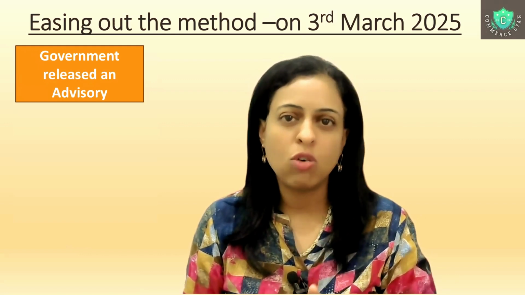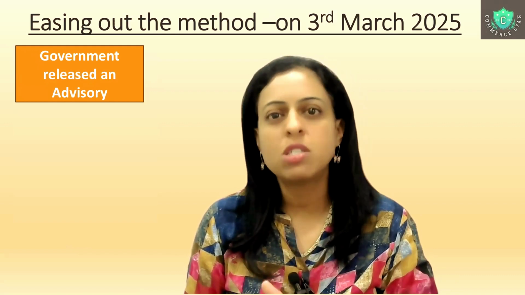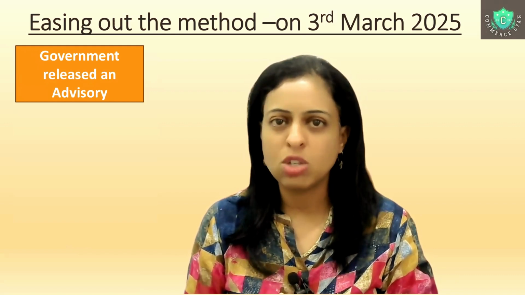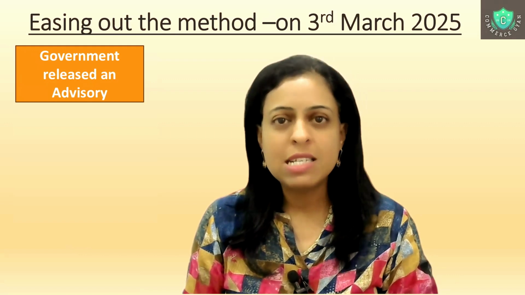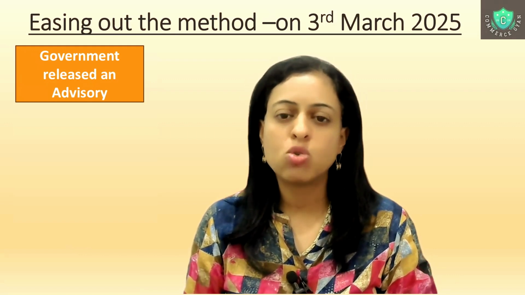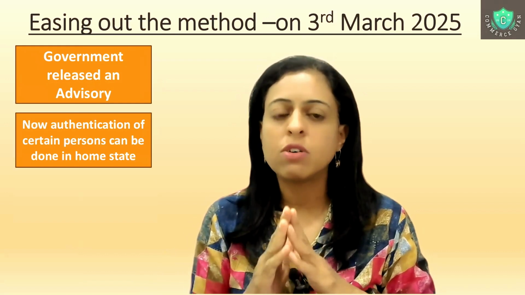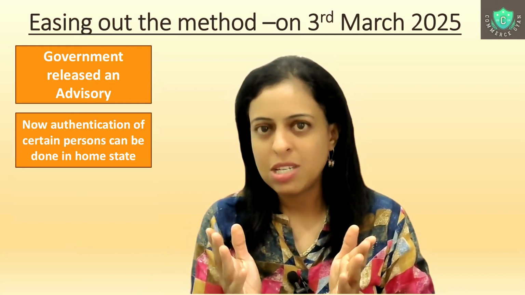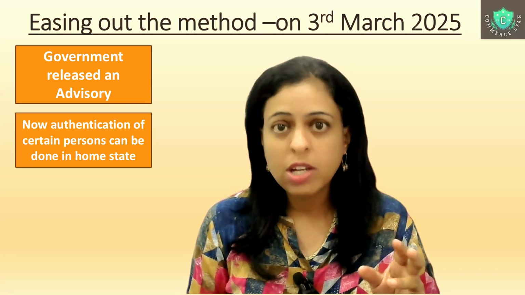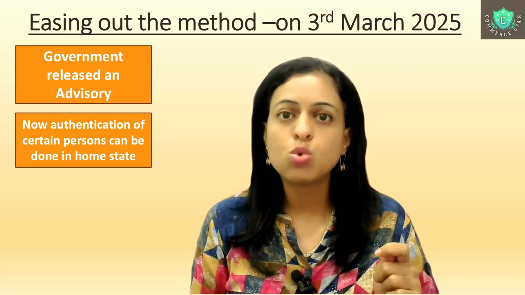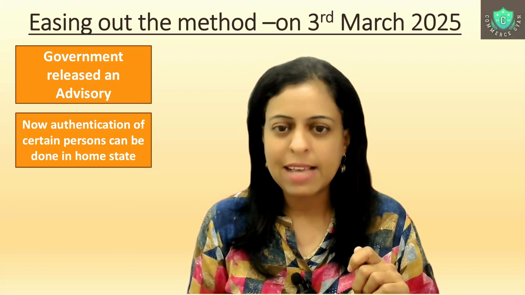This we'll see at the end of the video, and also we will see the process of how you're supposed to do the biometric authentication. So, government has released an advisory on 3rd of March 2025. This states that new authentication of certain persons can be done in your home state by certain persons. Now, who are these certain persons who are allowed to do that authentication? This is what we are going to see next.